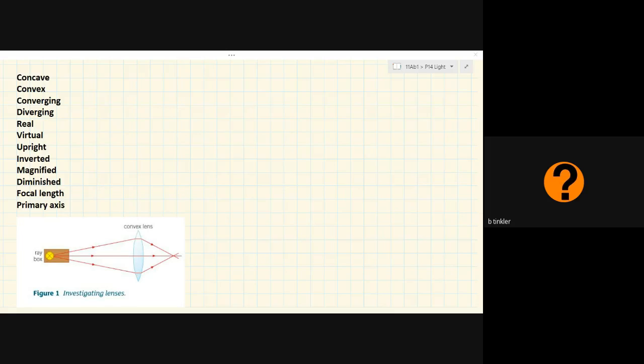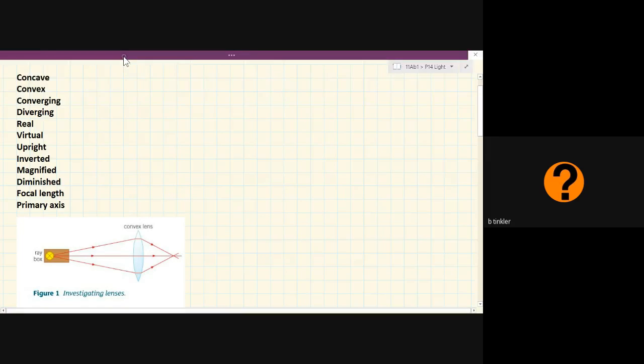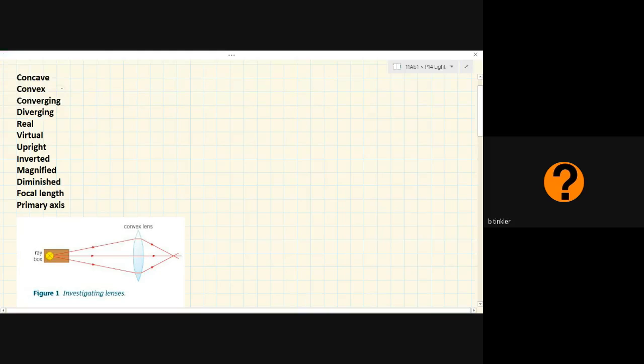So this is our new topic, but it kind of follows on from space a little bit because we're talking about lenses. So it kind of links with telescopes and things. So we've got a little bit of a link here to the last topic, right?